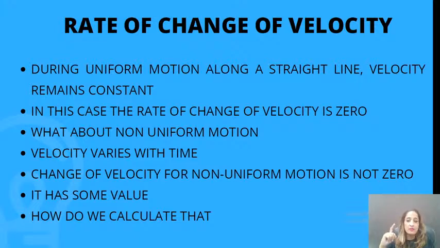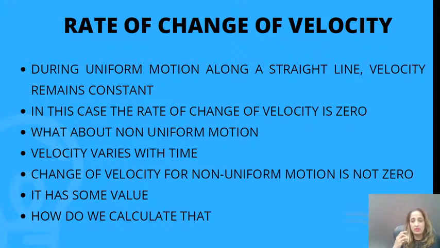Here comes another interesting topic, which we call acceleration. So what have we discussed so far in this chapter? We have covered what is motion, what is visible and invisible motion, what is distance, what is displacement, what are scalar quantities, what are vector quantities.